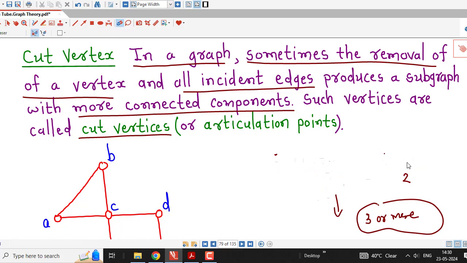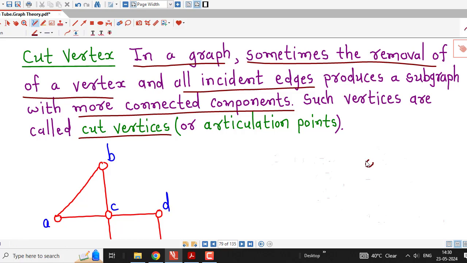So this is the definition of a cut vertex, and you can find out the cut vertex of a given graph by removing that vertex as well as all the edges containing that vertex as an endpoint.